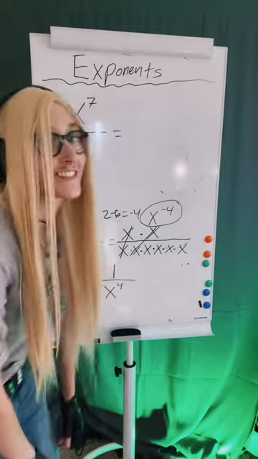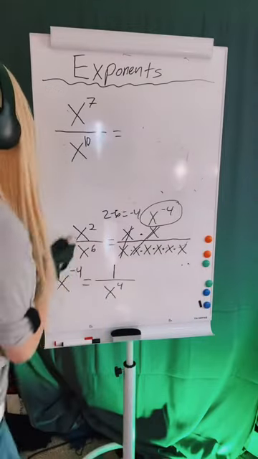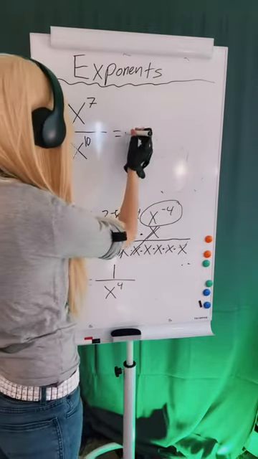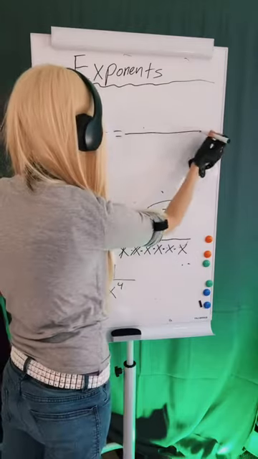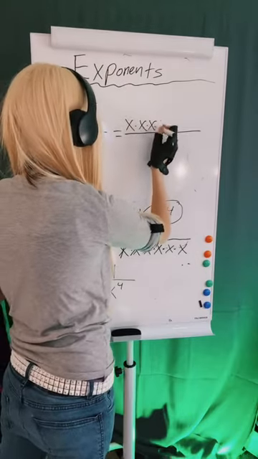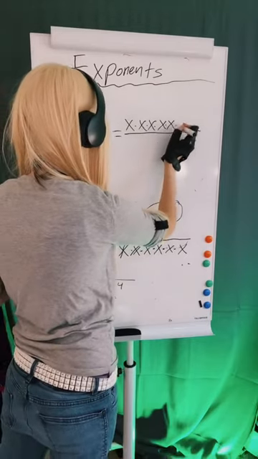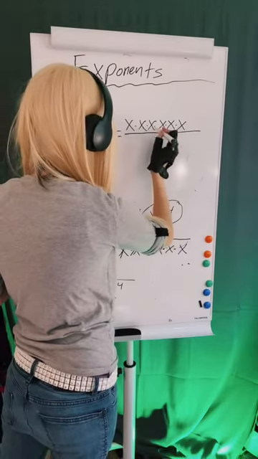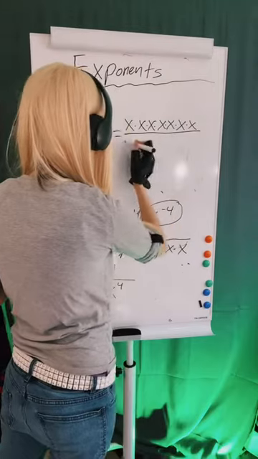All right, nice job. Let's talk about it. So if I needed to draw this out, I would have 7 on top, one, two, three, four, five, 6, 7, and I'd have 10 on the bottom.